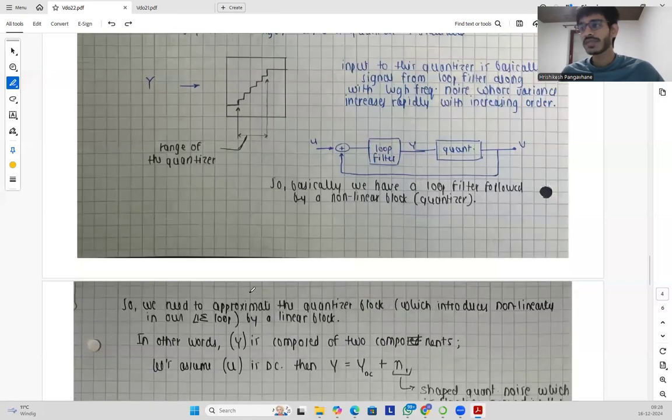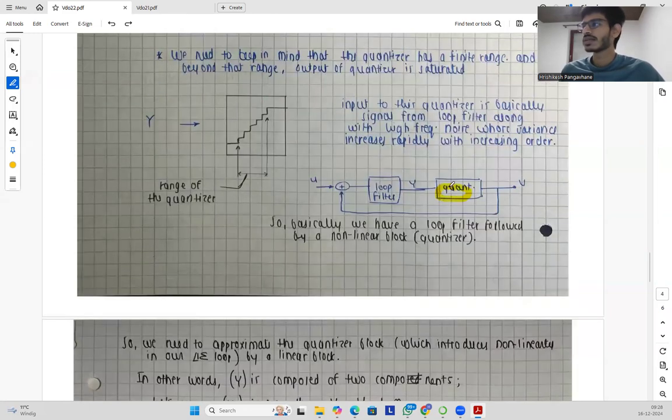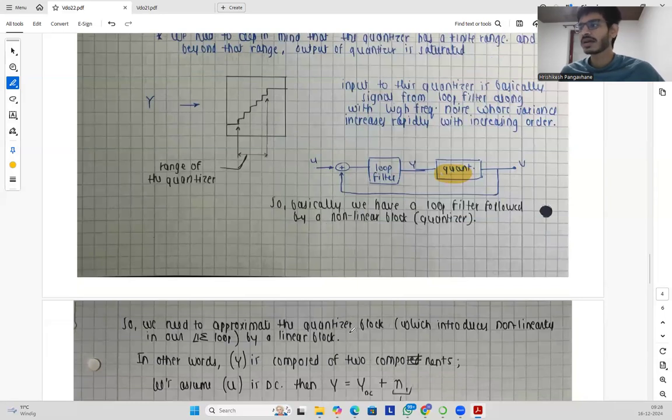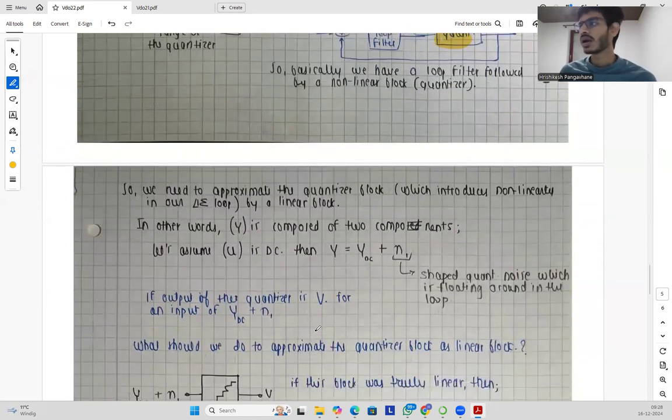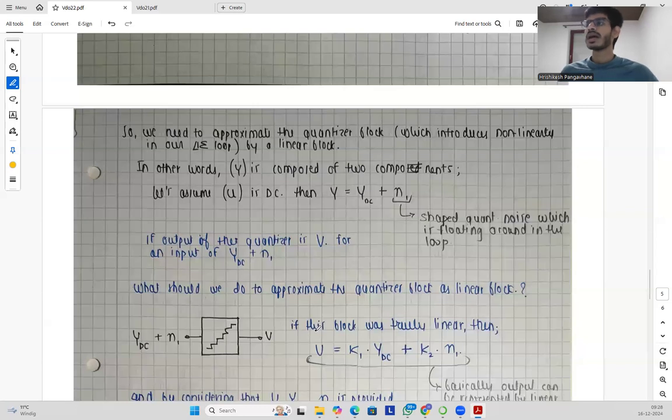So we need to approximate the quantizer block. The quantizer block is a non-linear block, and we need to approximate it, since it introduces the non-linearity in the delta sigma loop, by a linear block. In other words, this input to the quantizer is composed of two components.